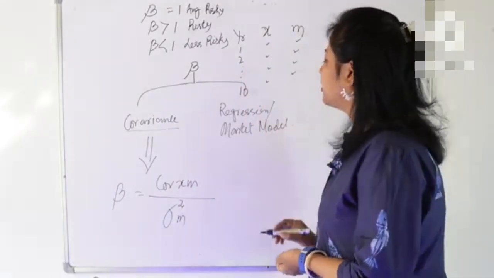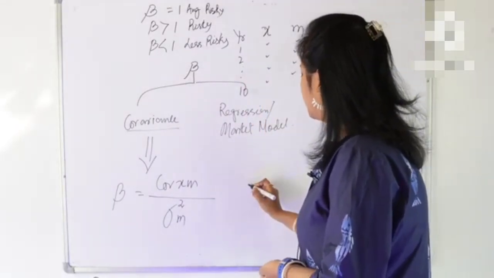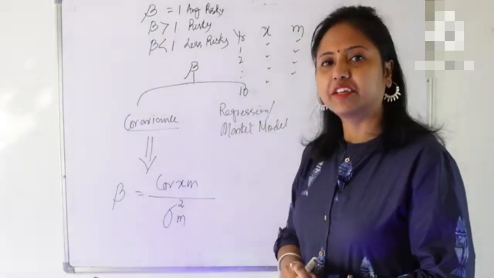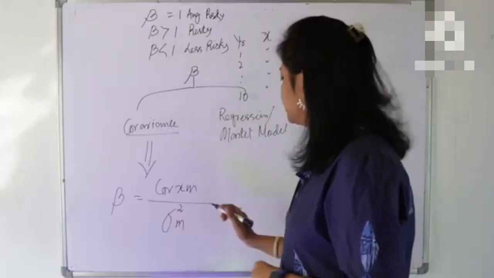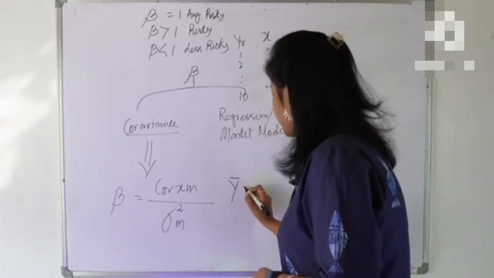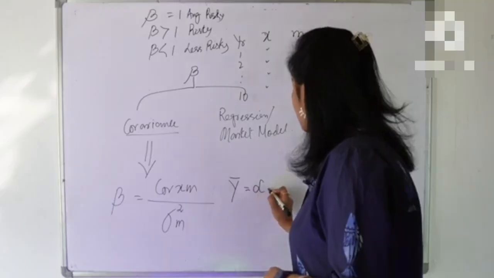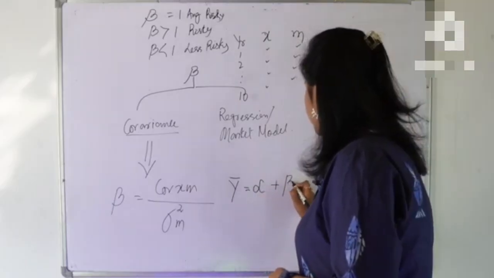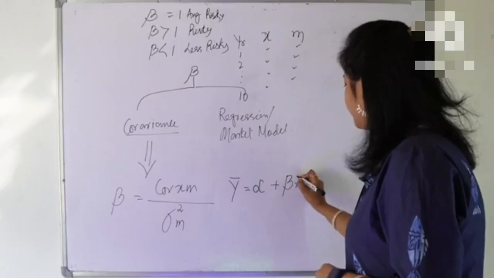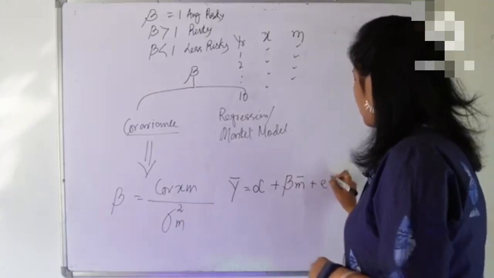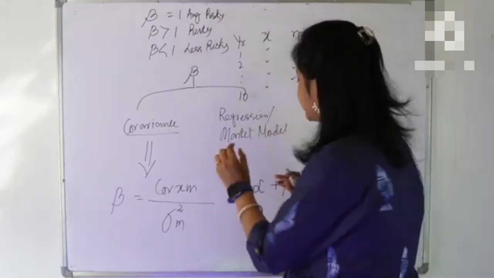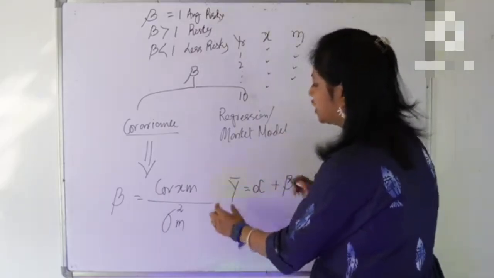Now, under the regression model, how do we calculate beta? The regression model is also known as the market model. Here we have a total return Y bar equal to alpha plus beta times M plus E. This is a regression equation, where Y bar is my total return.